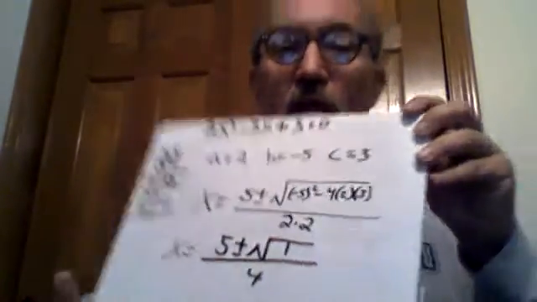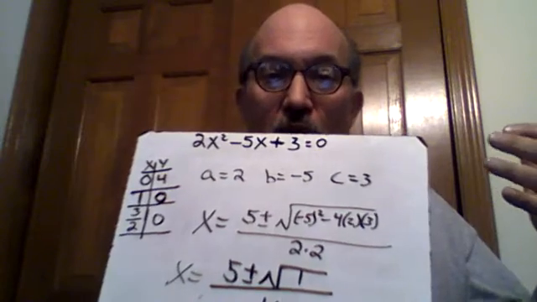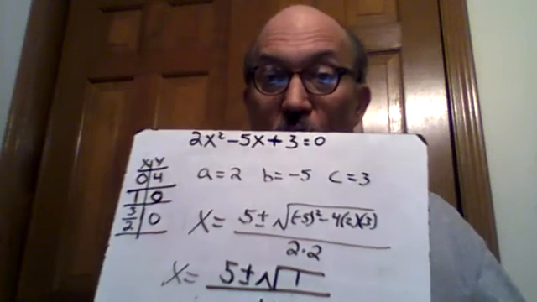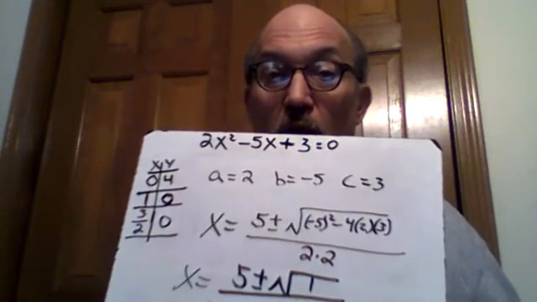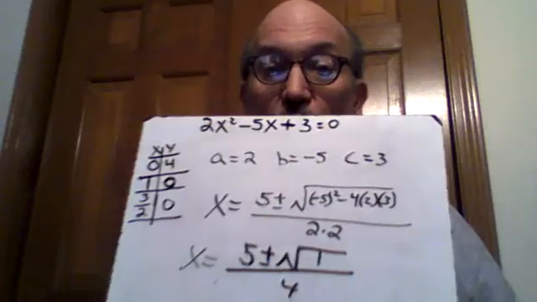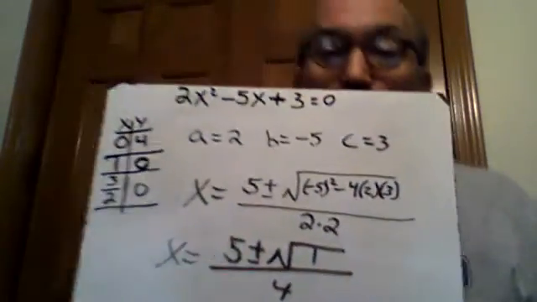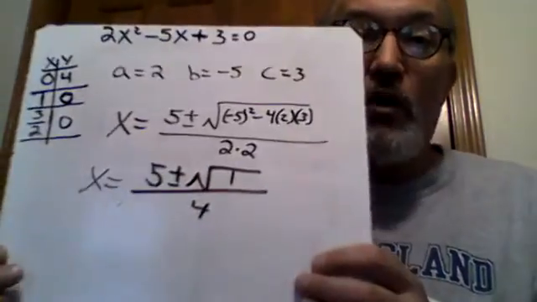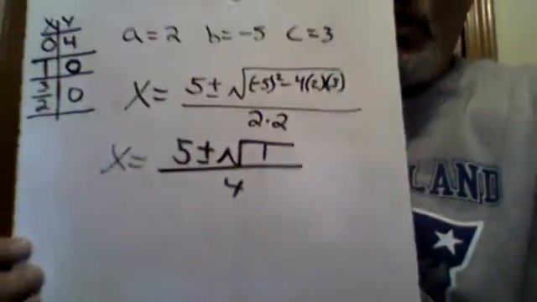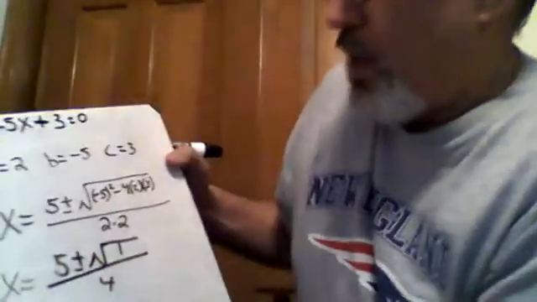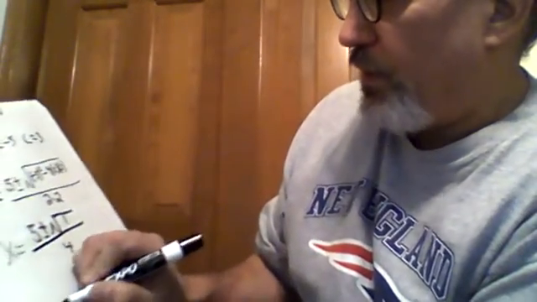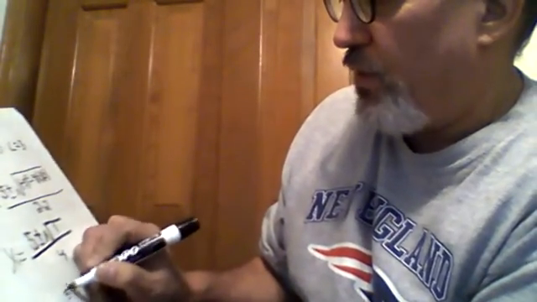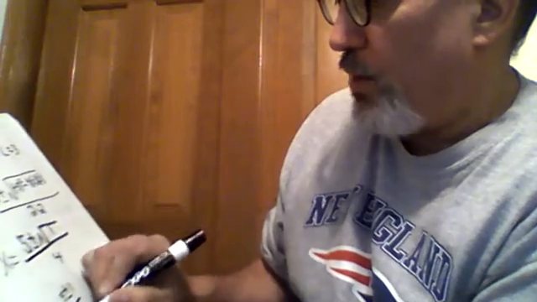And once again, underneath the square root, the b squared minus 4ac is a perfect square. 1 is a perfect square, which goes along with the fact that the two roots that we have are rational. So finishing up here, we have x equals 5 plus or minus 1 over 4.